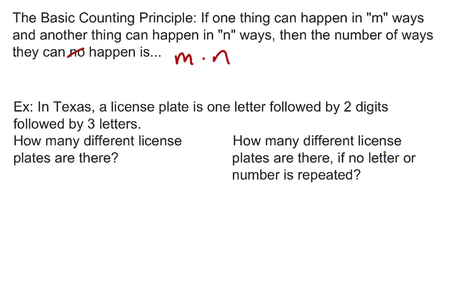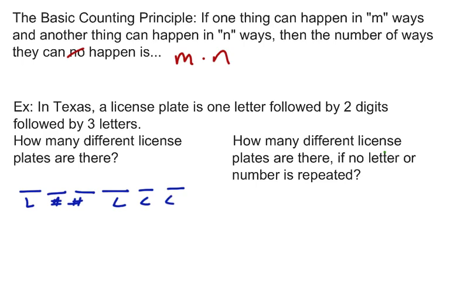In Texas, a license plate is 1 letter followed by 2 digits followed by 3 letters. So how many different license plates are there? Well, let's just think about this. We got a letter, then 2 numbers, then 3 letters.